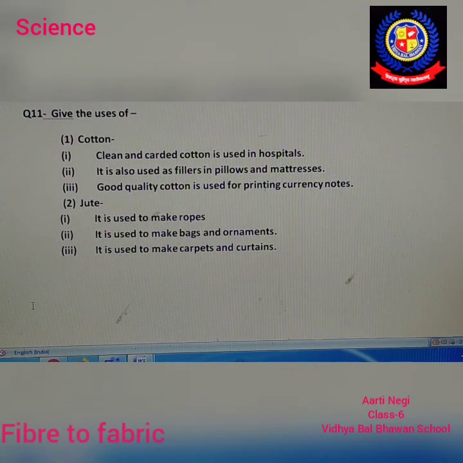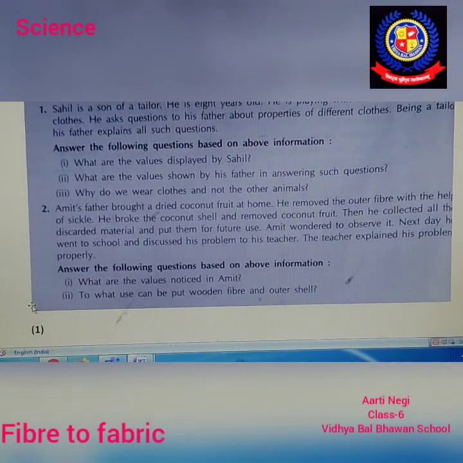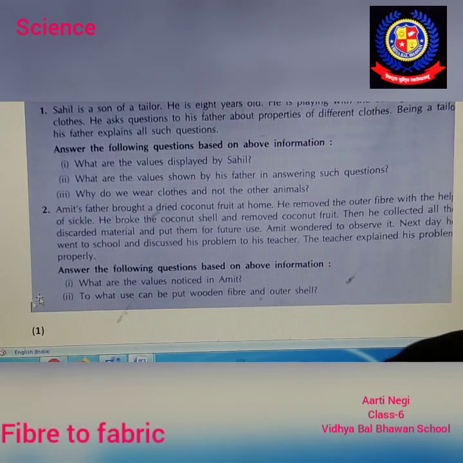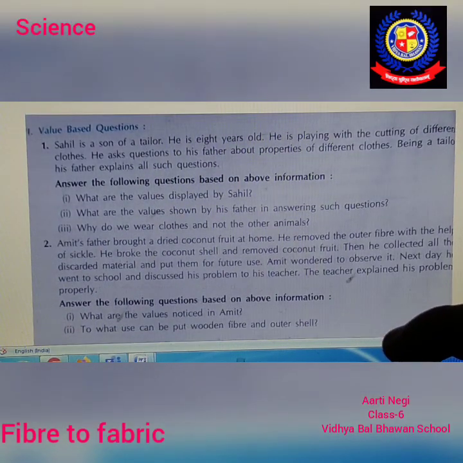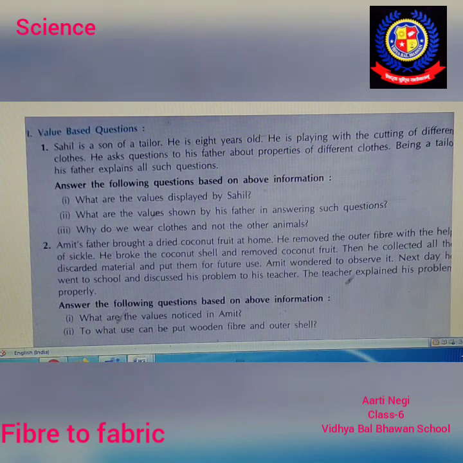Okay students, now come to the next part of the question, that is question number 6, value based questions. Here in your book there are 2 value based questions. Here a condition is given to you and you have to find out the answer. So the first condition is: Sahil is the son of a tailor.